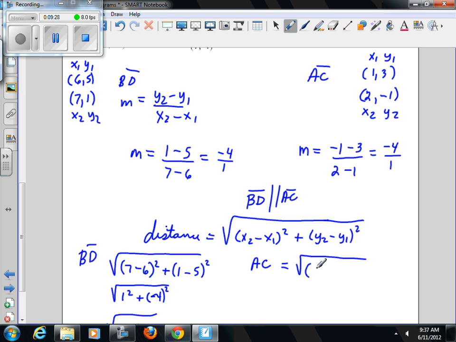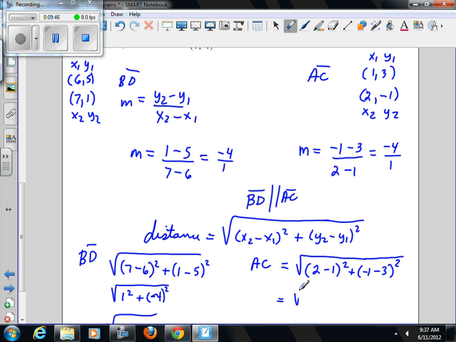So let's plug our numbers in. So we have 2 minus 1 squared plus y2, which is negative 1, minus y1, which is 3, all squared.